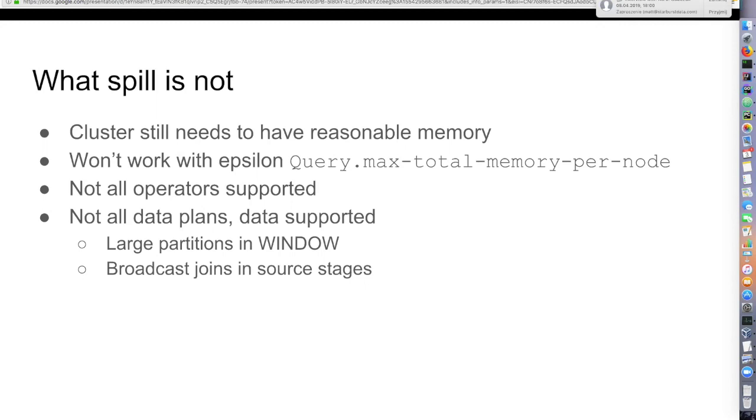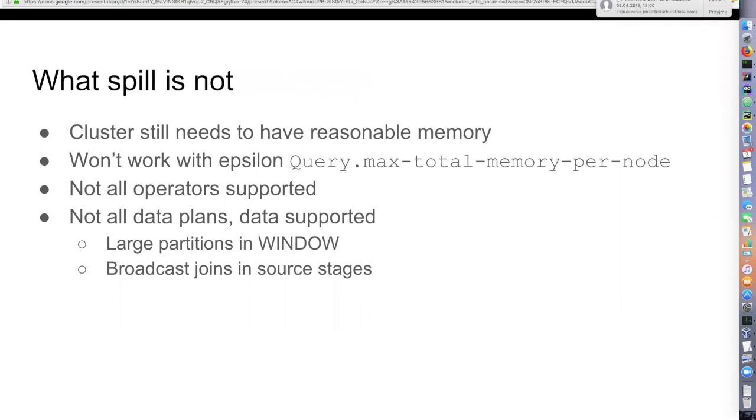And obviously, not all operators are supported, and not all plans are spillable. So, for example, when you have a broadcast join, then joins in the source stage won't be spillable. This is because enabling spill for them would hurt the performance of the query when spill is not triggered.